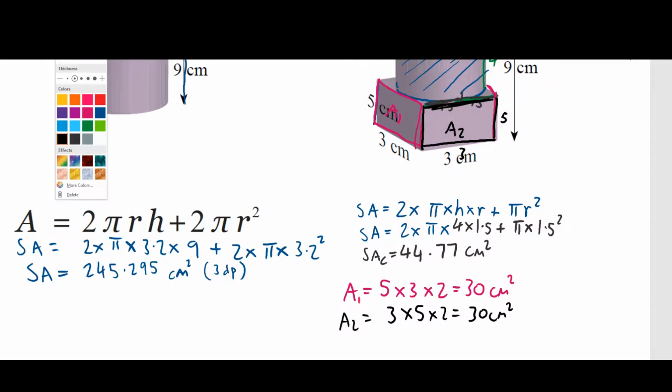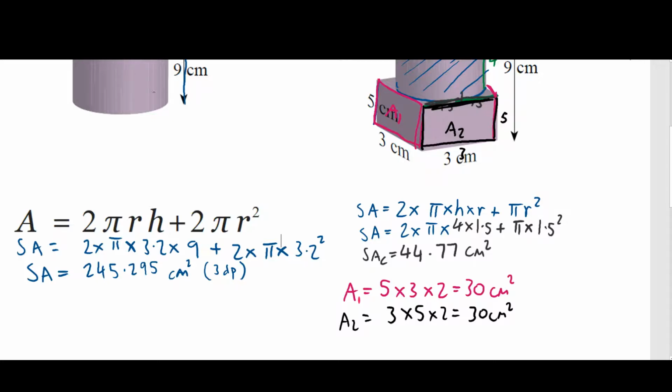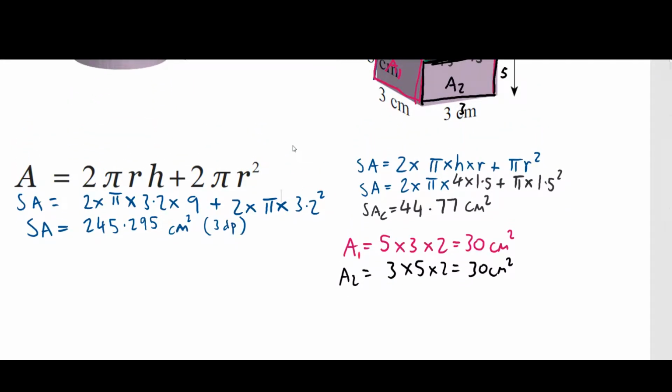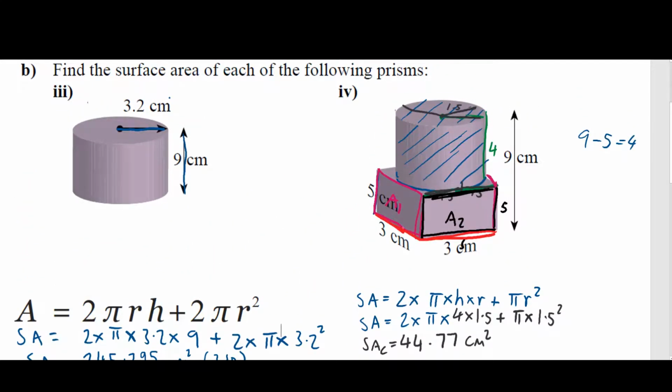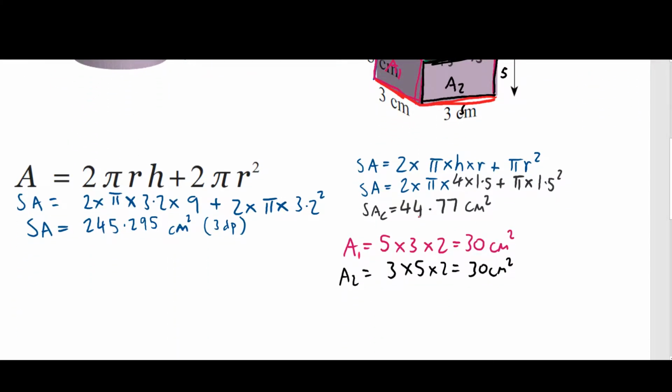So on the bottom, we've got here a 3 by 3 square. Okay, on the bottom of this shape, there's a 3 by 3 square. So I'm going to call that area 3, equals 3 times 3, which is 9 square centimeters.